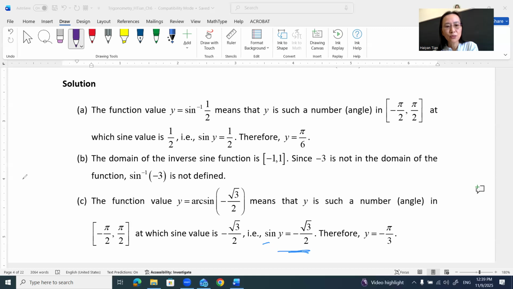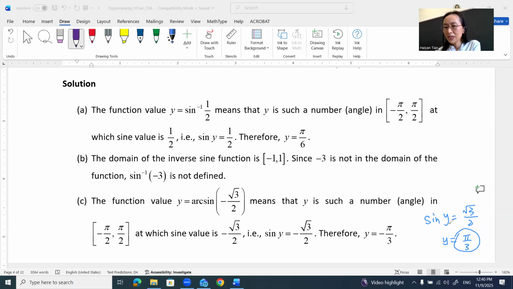That's worth double checking, because we all know that if the sine value is positive square root of 3 over 2, what is the y? Y must be pi over 3, not pi over 6. I'm sorry for that. Because if sine y is positive, you remember that's pi over 3.